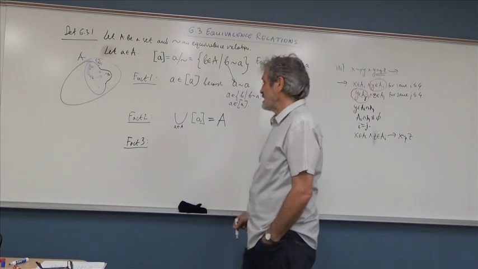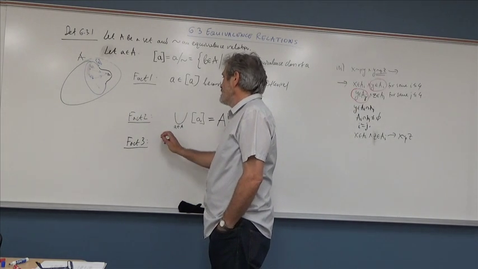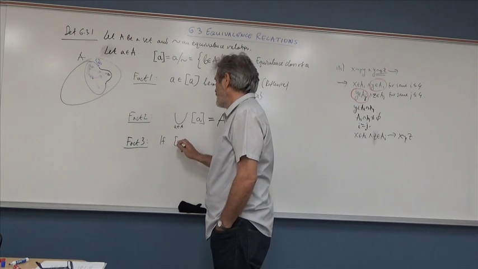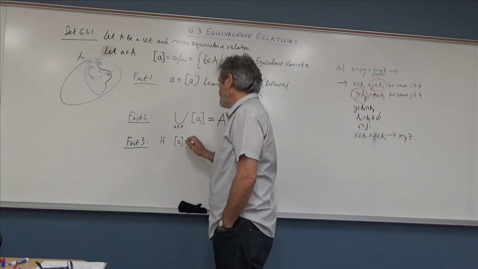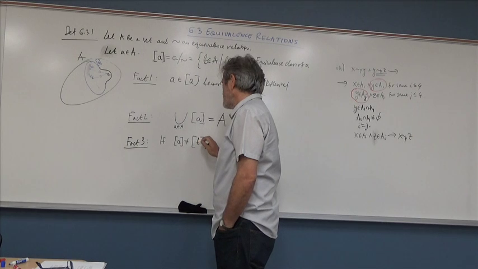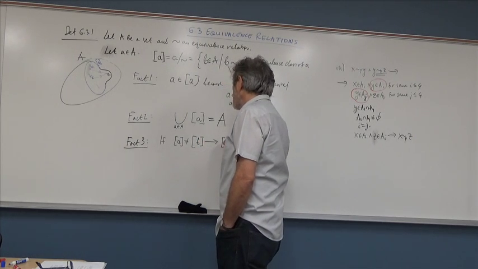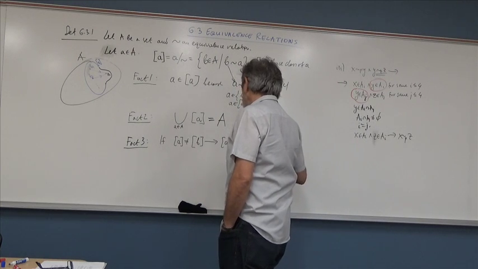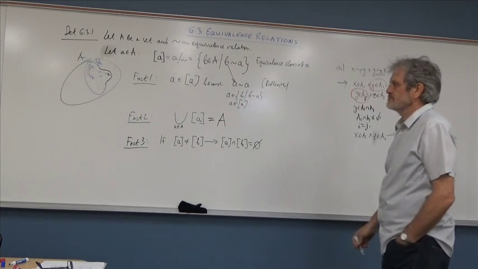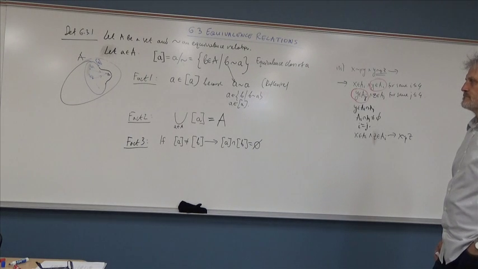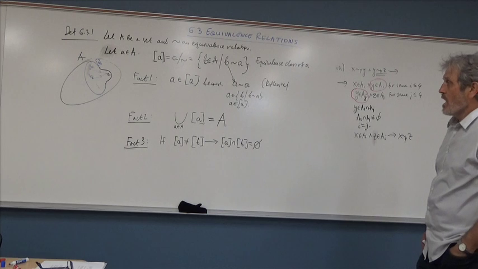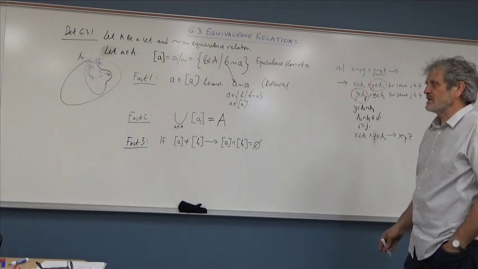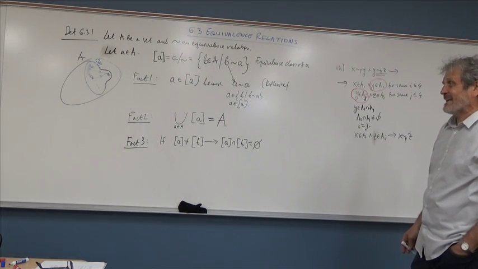Fact number 3 is that actually, if two elements have a different class, then those two classes are disjoint. I will prove it in a moment, but let's see what that is telling us.